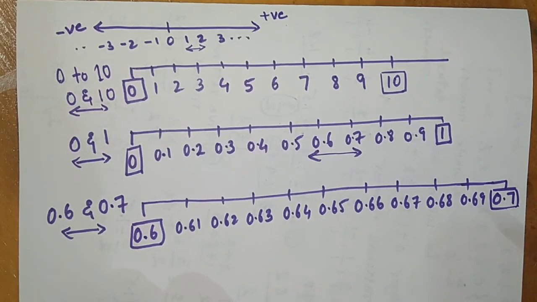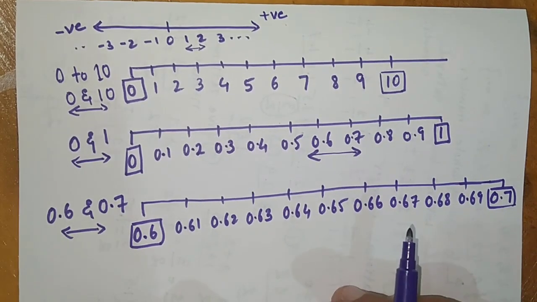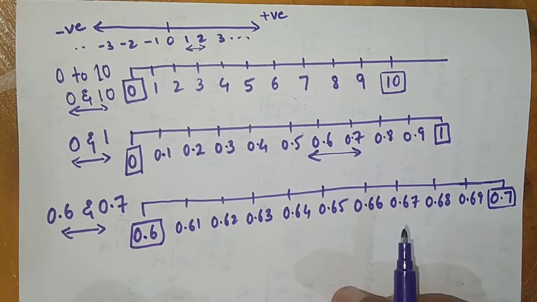So this is the method. You will find many more numbers between any two given rational numbers.